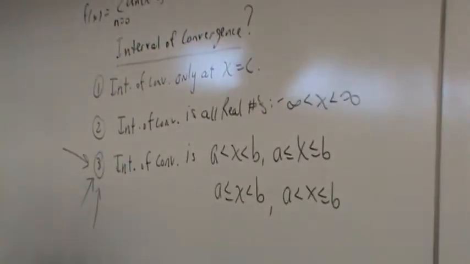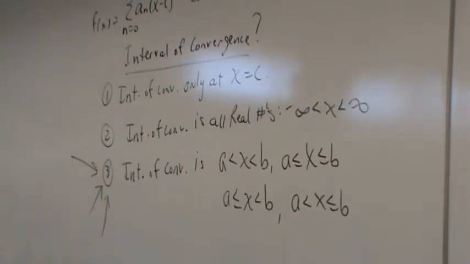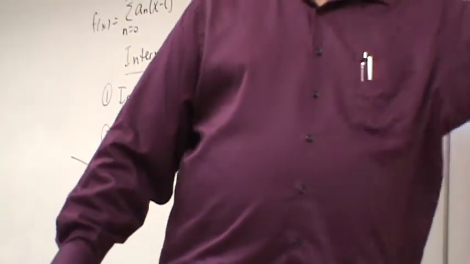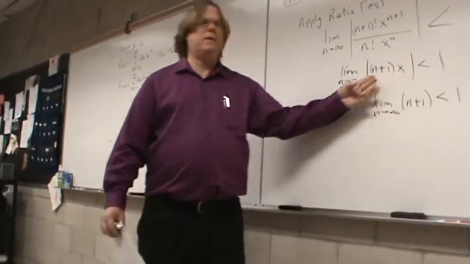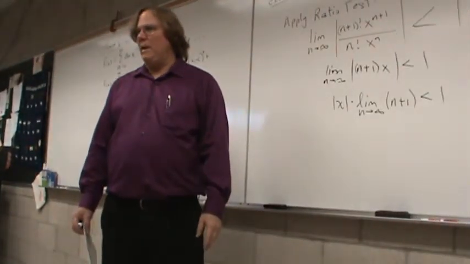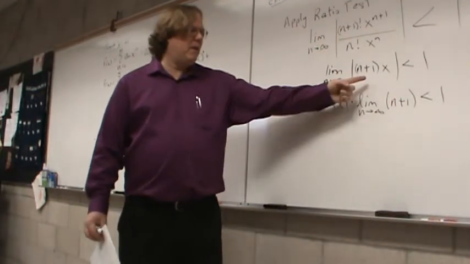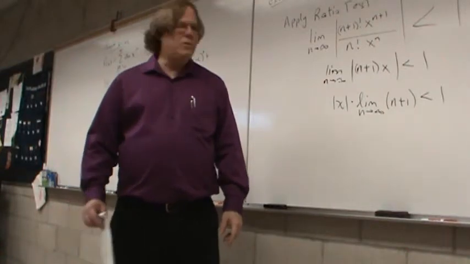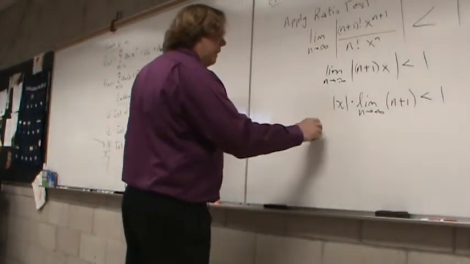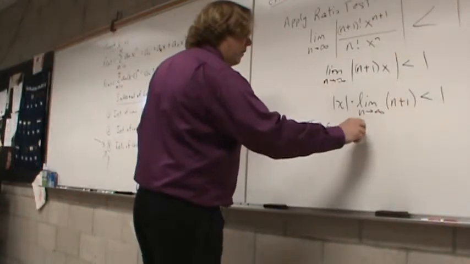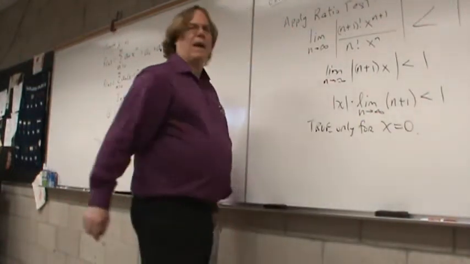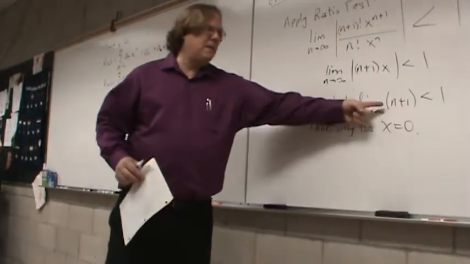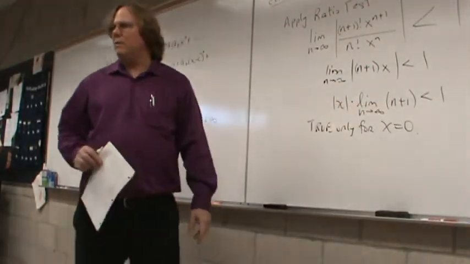So you tell me, which of these 3 scenarios have I just found? Is it convergent for all? Can I plug in any x I like and have this be true? What values of x is this actually true for? Just 0 and nothing else. Any other x value I'd care to choose, I can find an n big enough so that this product is greater than 1. So this is true only for x equals 0.